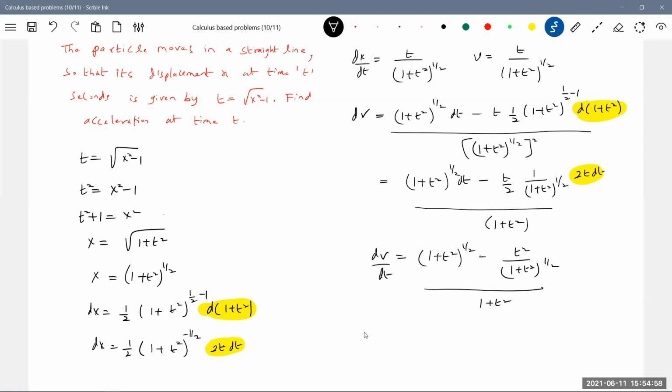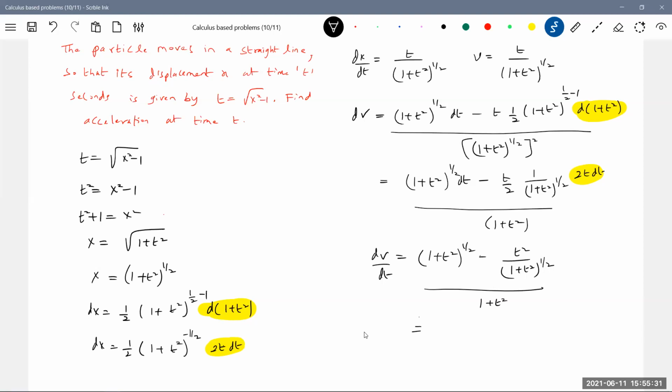Now we have to further simplify this. 1 by 2 minus 1, this is one quantity, no? You can take it as x.